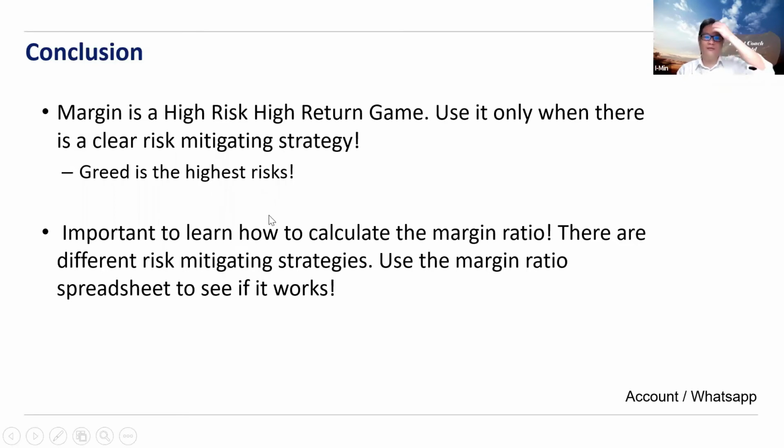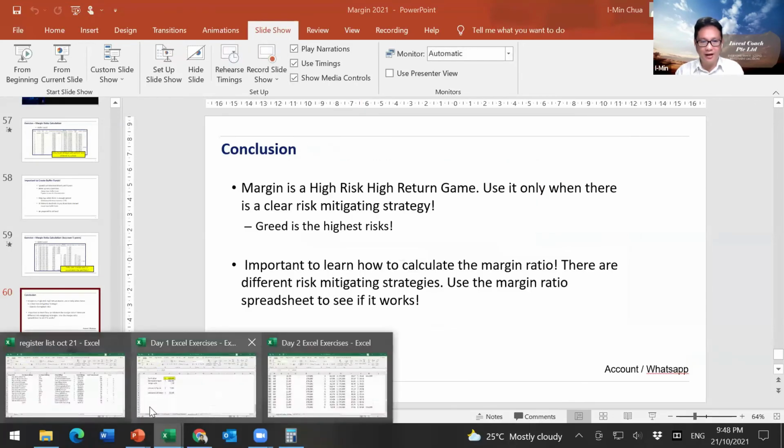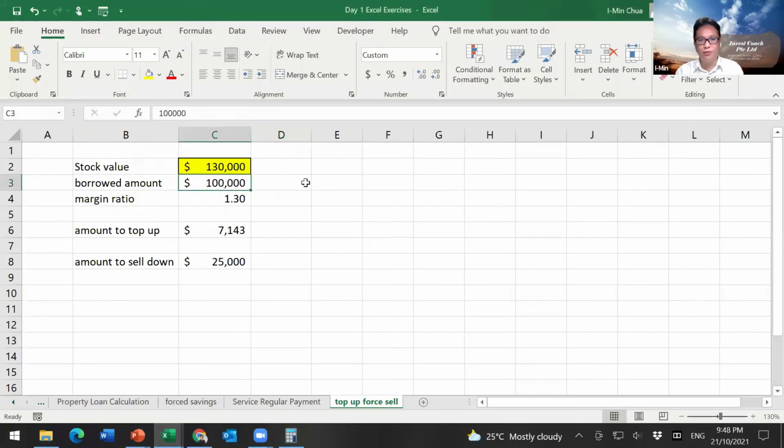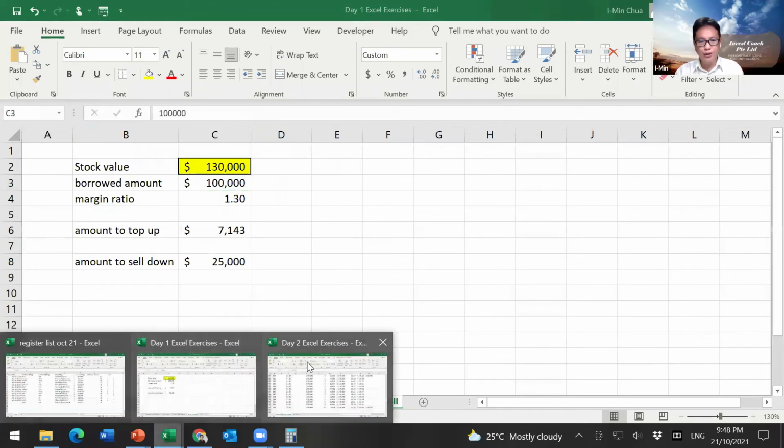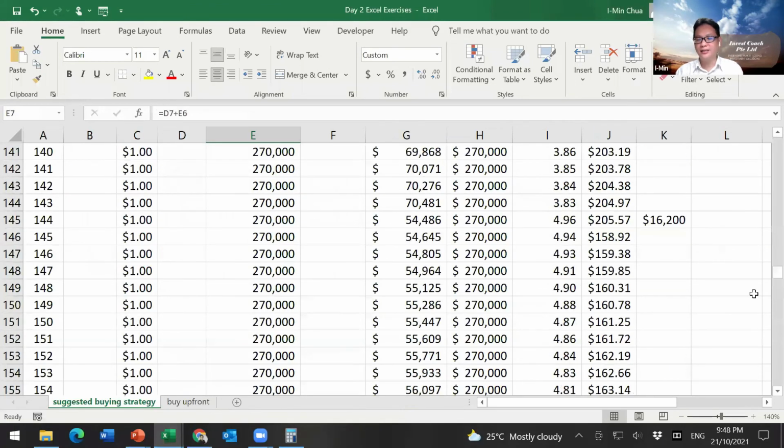Okay. And of course, please be very familiar with the margin ratio exercise that we have gone through. Hopefully by now, the day one exercise, you know how to use this calculator. And I would really appreciate if you try to understand this spreadsheet.